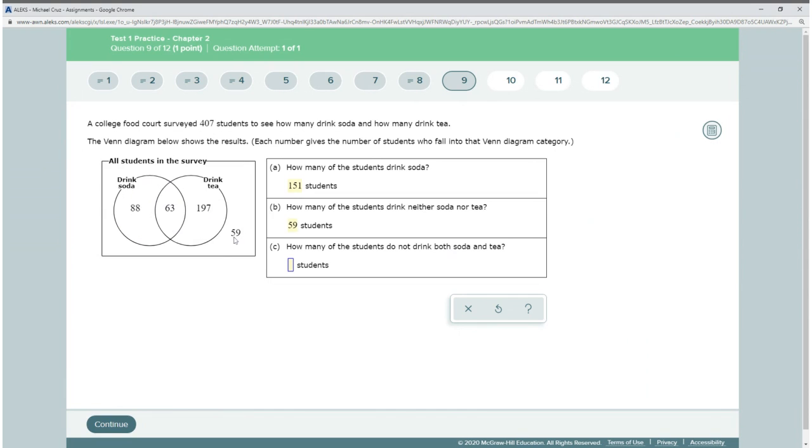So it's the four numbers outside of that center one, outside of the intersection. Okay, we got that? Good.